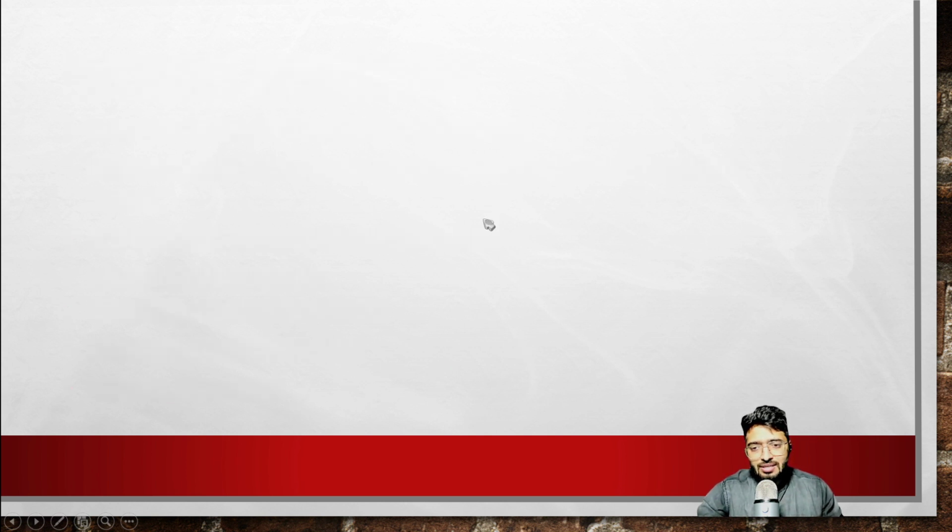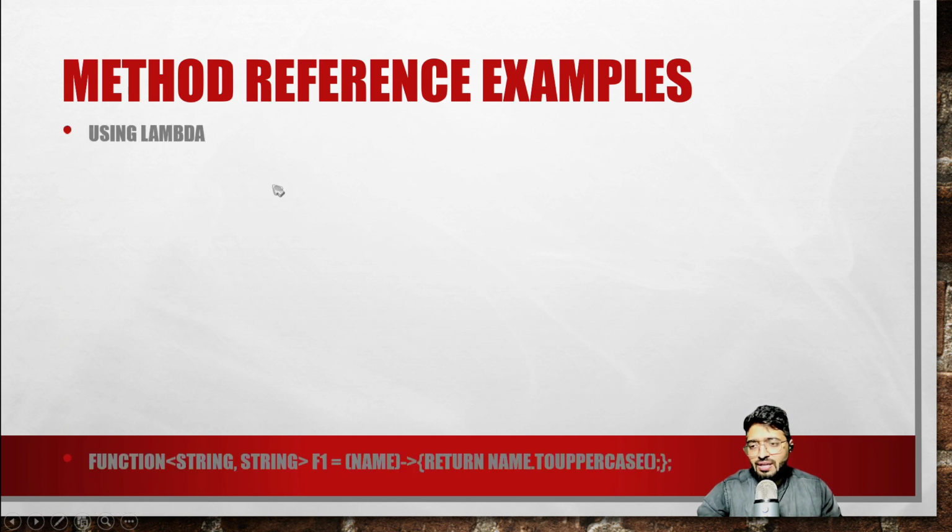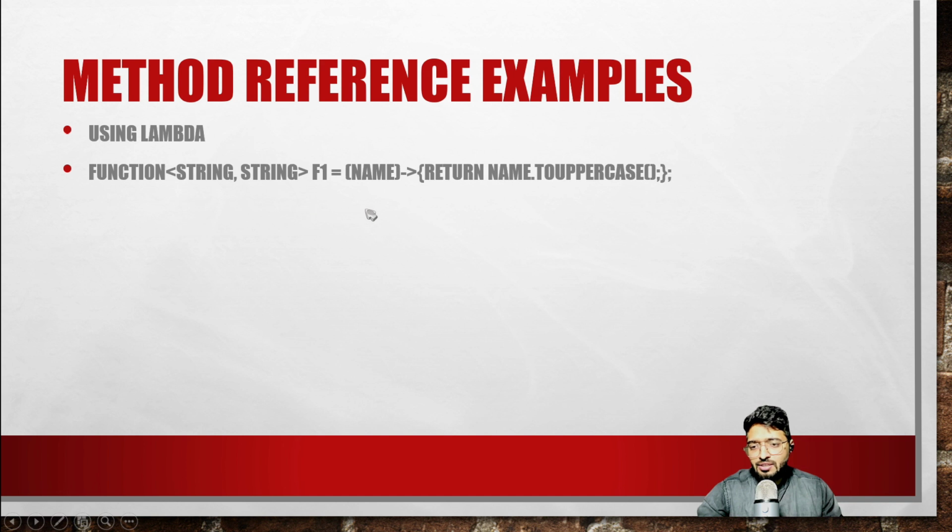For now, let's see some examples of method references, and how we can convert what we have used so far into method references. First, using a lambda expression, if you want to convert a string into uppercase, we have a Function interface that takes a string as input and gives a string as output, returning the uppercase of that.